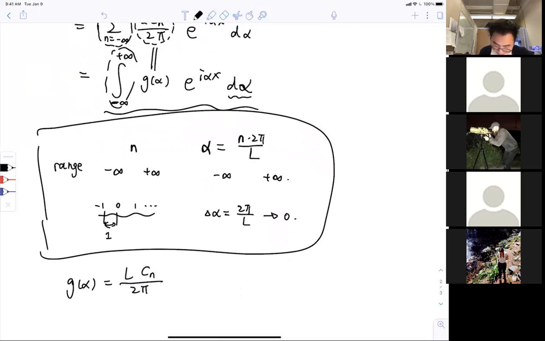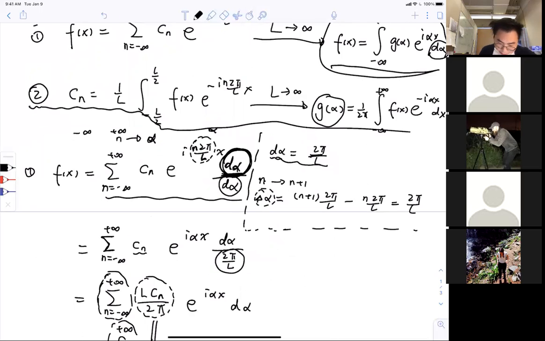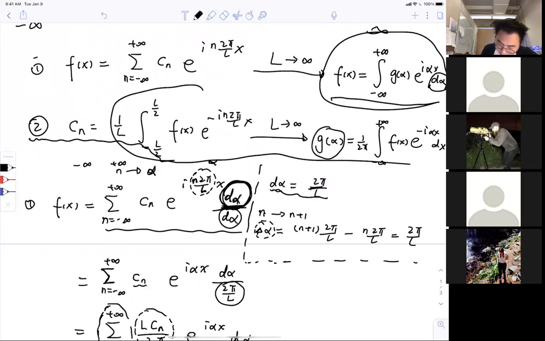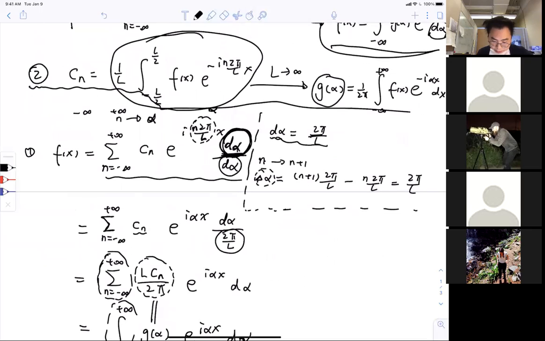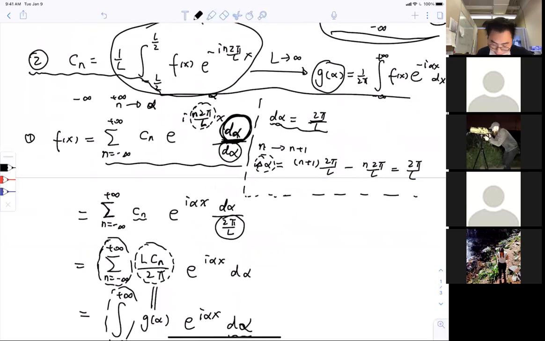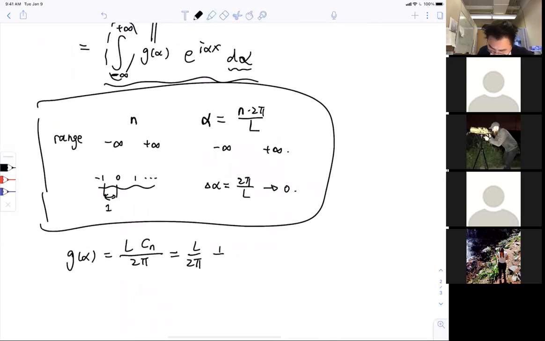We know that Cn is this formula, so I just copy it here: the integral from minus L to L of f(x) times exponential of minus i 2 pi n over L x, dx.